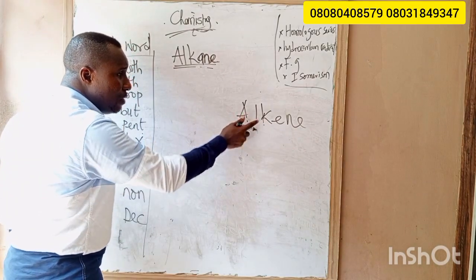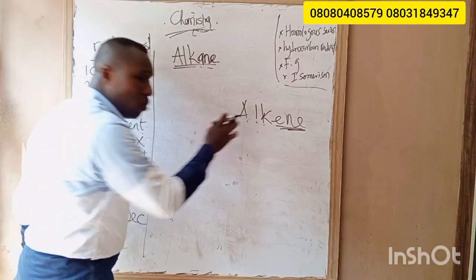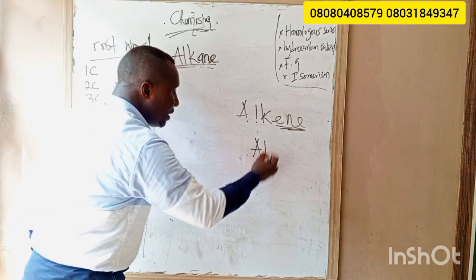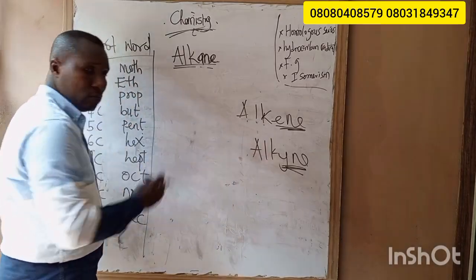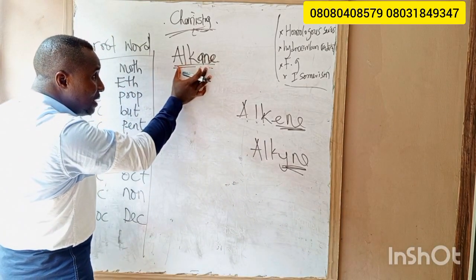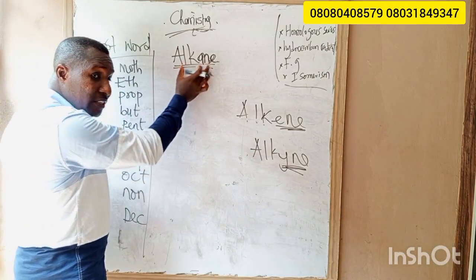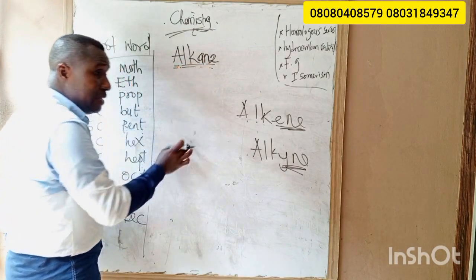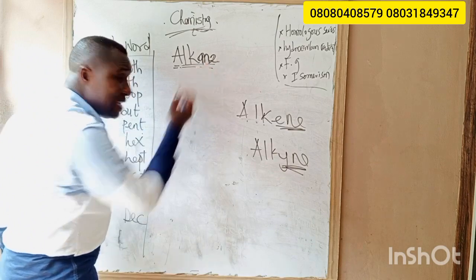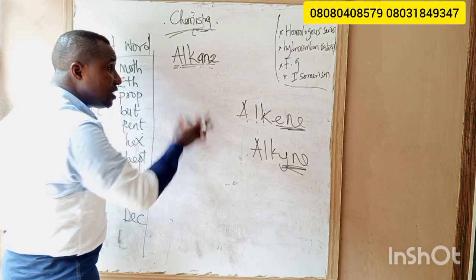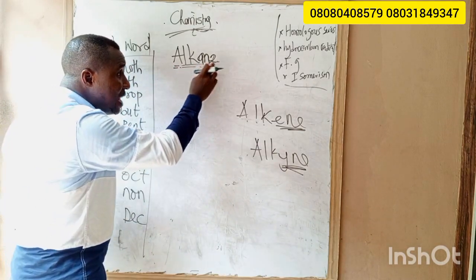This is the common name. ANE is the family name of this homologous series, of this family. Homologous series is family. Then the family name is what? ANE.